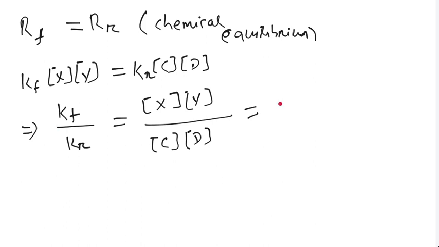So K forward by K reverse can be written as only K. Sorry, I got it reversed, K forward by K reverse, I need to flip it.